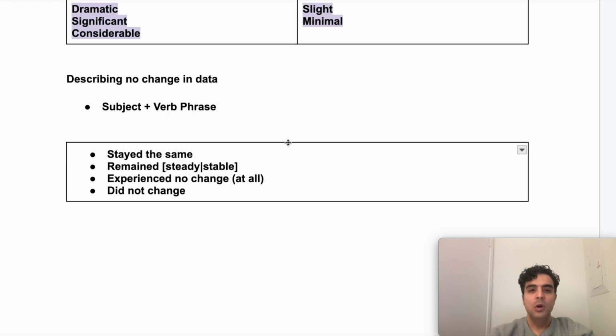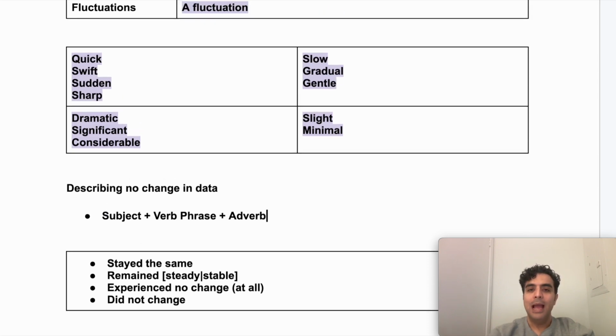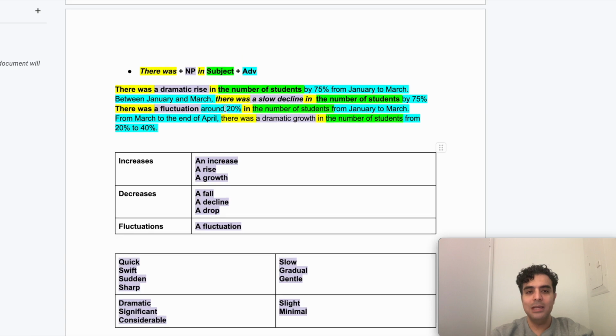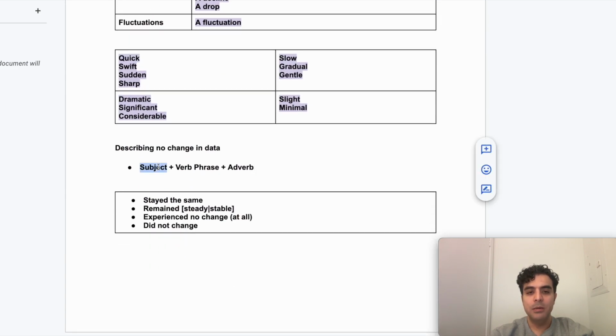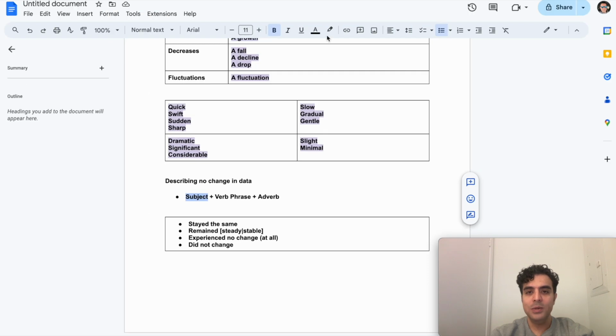Okay, so here you use subject, verb phrase, and then you have your adverb at the end. So if we want to color code this and then come up with an example, the subject was color coded in green, so it's the same structure as before.